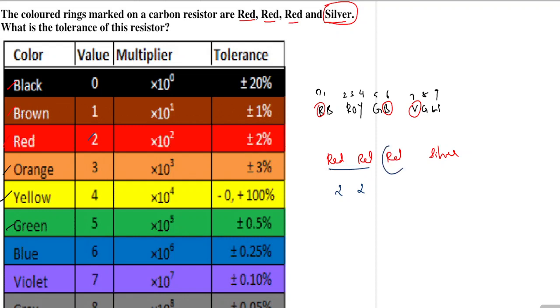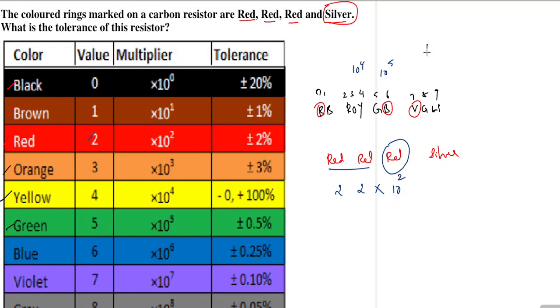The third one is the multiplier. It means it is 10 power the number given here. For example, if it is green, it is 10 power 5. If the third one is yellow, it will be 10 power 4. So the first 2 colors are just the numbers, and the third color is a multiplier. It means it will be this number into 10 power the multiplier, which in this case is 2.